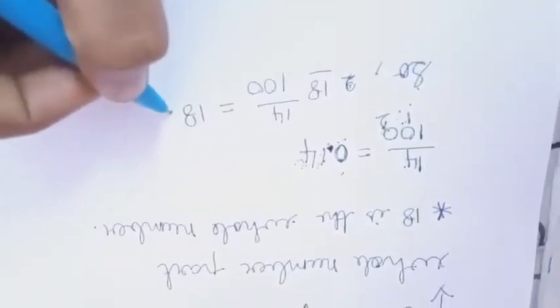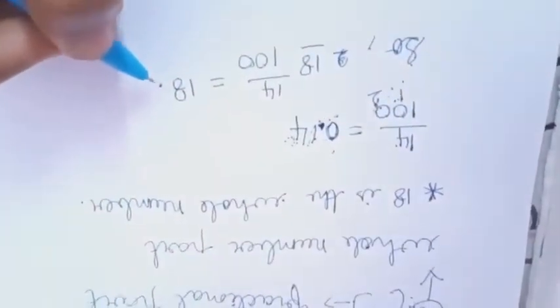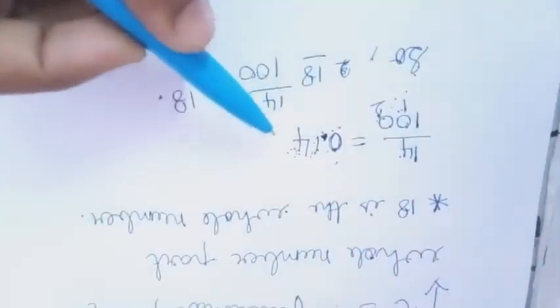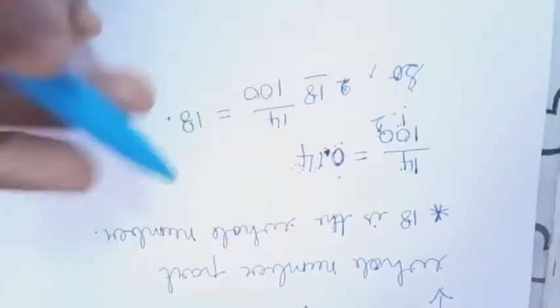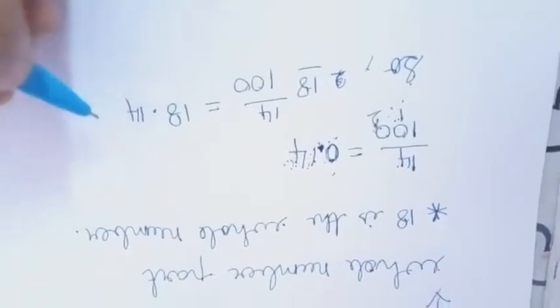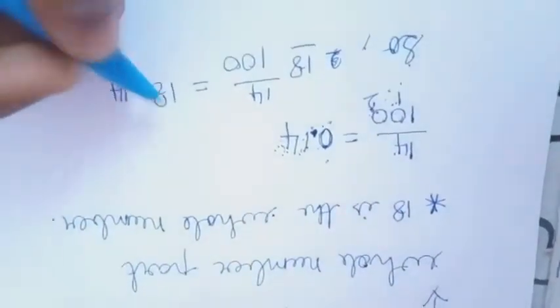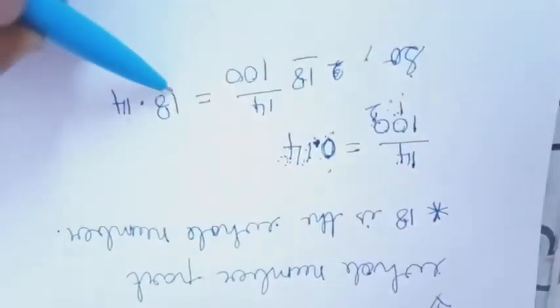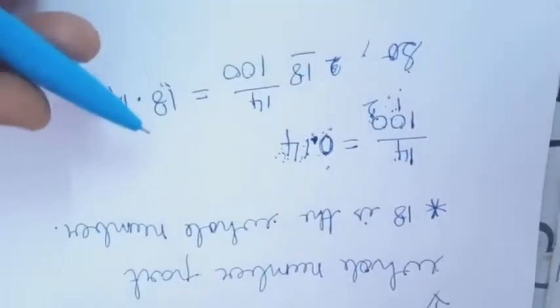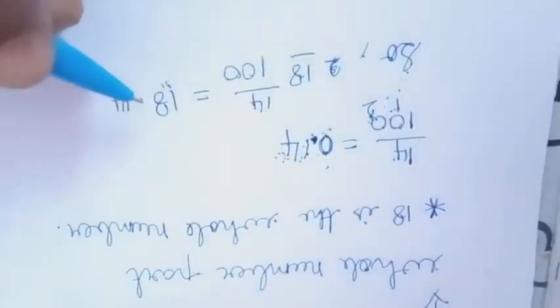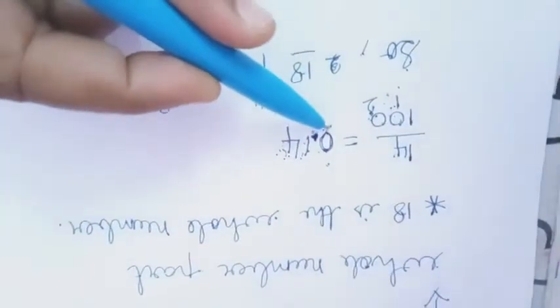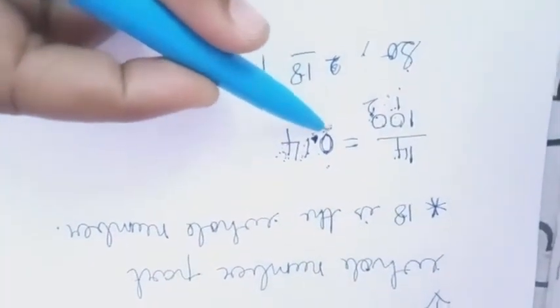Got it? And then the point. And then we have to write the numerator. Why instead of 0 here we have put the whole number? Can you guess? Can you tell me? Because the 0 here comes under ones.